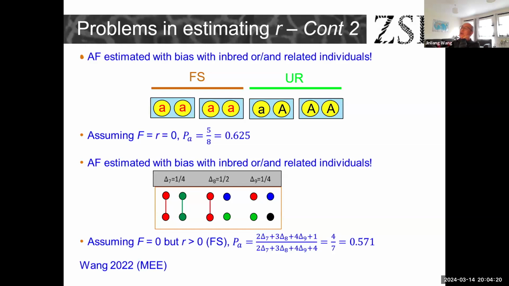And by allele counting, we get a rough estimate of allele frequencies as shown here, that is 0.625. And we use this allele frequency to get a rough estimate of relatedness between individuals. And with the IBD coefficient estimates, we can update allele frequencies using this formula shown here. And with this, we get a better refined estimate of allele frequencies.